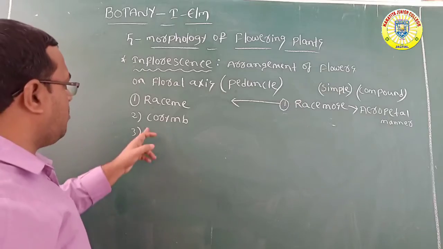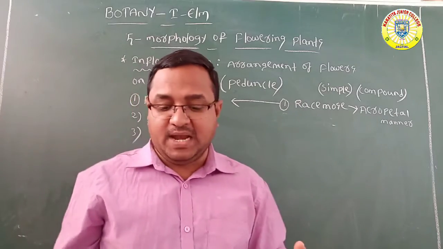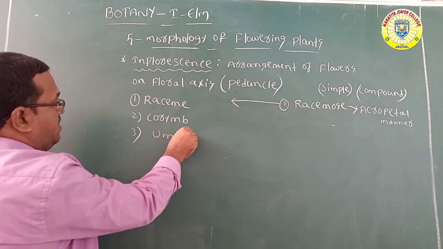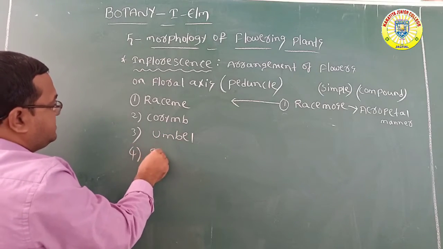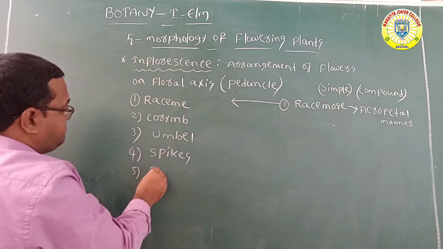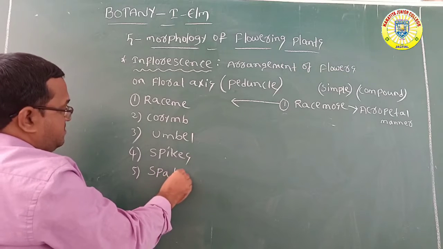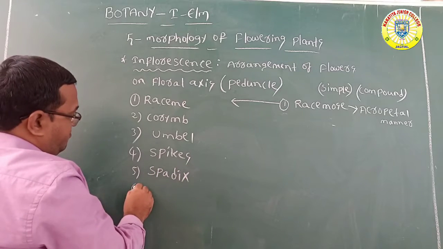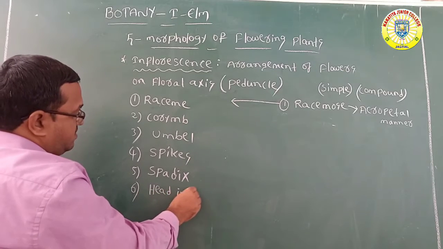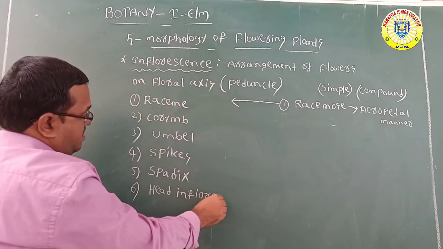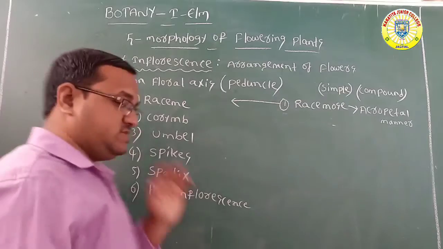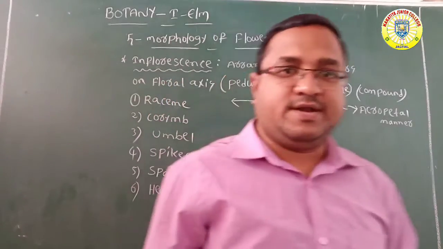Second one, corymb. Third, umbel, simple umbel or compound umbel. Fourth one, spike. Fifth one, spadix. Sixth one, head inflorescence. So these are the six types in racemose.